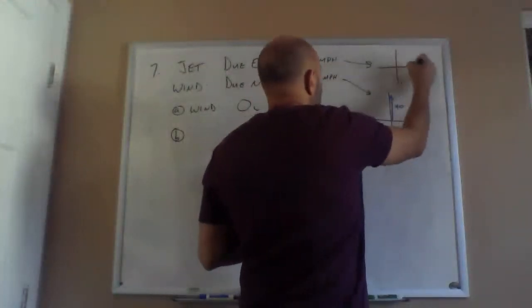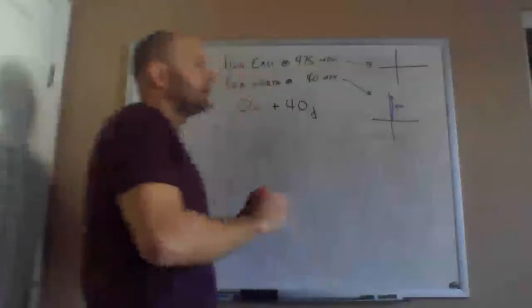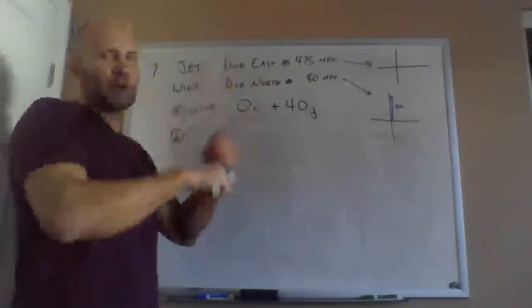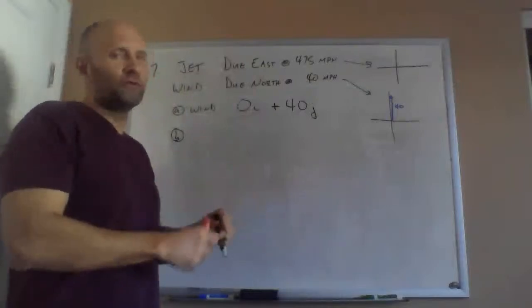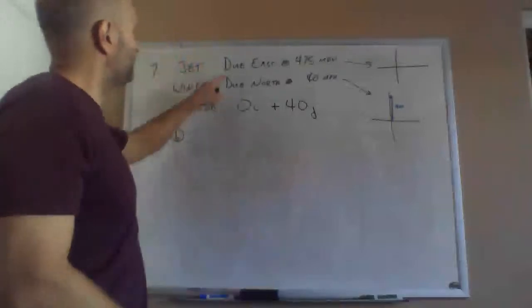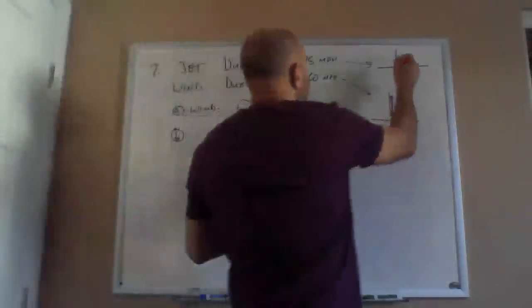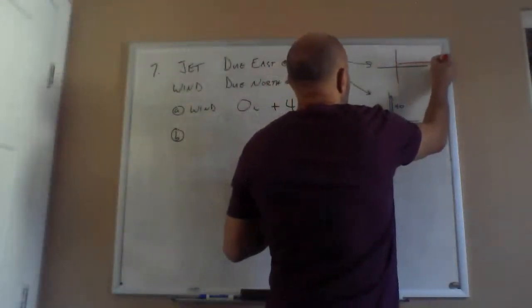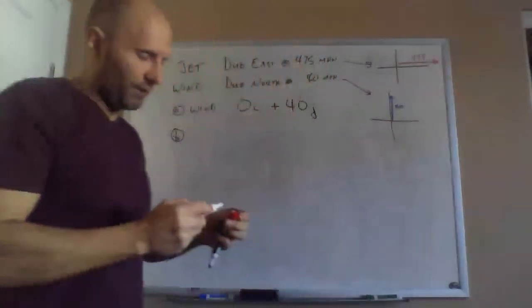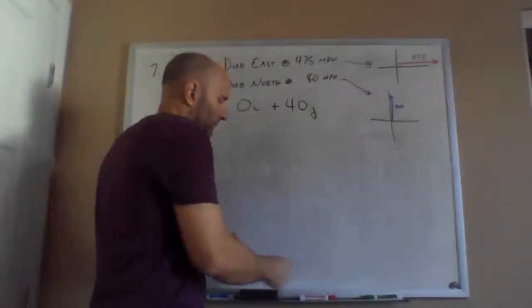I'm always going to draw these sketches in separate grids. A lot of people run into trouble by trying to do it all on the same coordinate system, so keep them separate. So the jet is due east at 475 miles per hour.